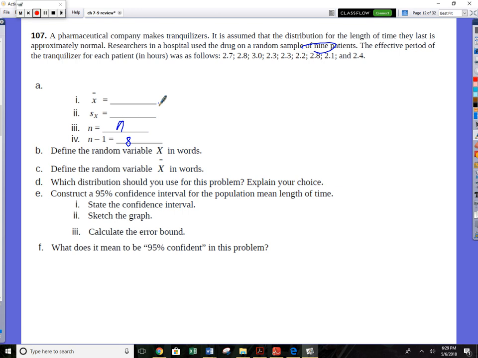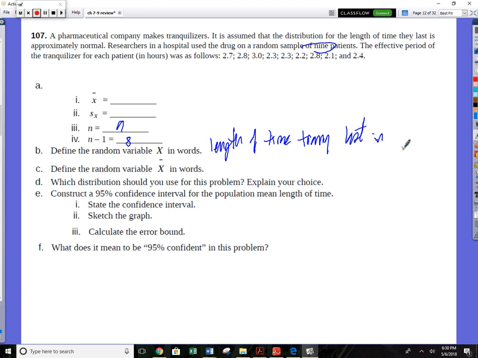Now, here we go. Let's do B and C real quick. So the big difference between X and X bar. X is, what were we measuring? Length of time that the tranquilizers last in the population.